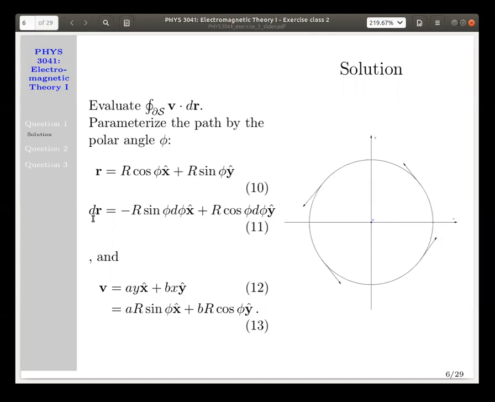Then dr is simply the differential of this vector: minus R sine phi d phi x hat plus R cosine phi d phi y hat. For the vector field, we replace y with R sine phi and x with R cosine phi.